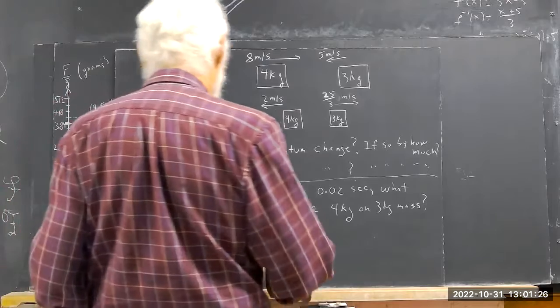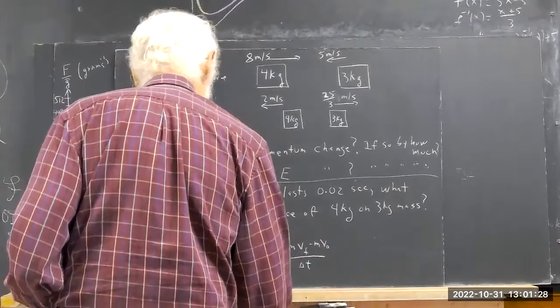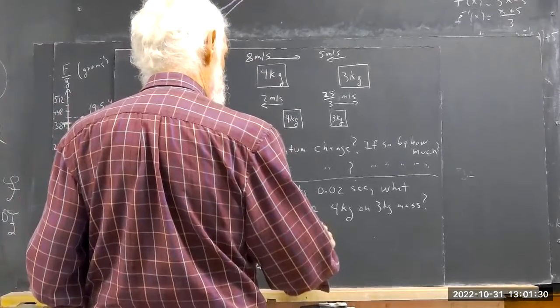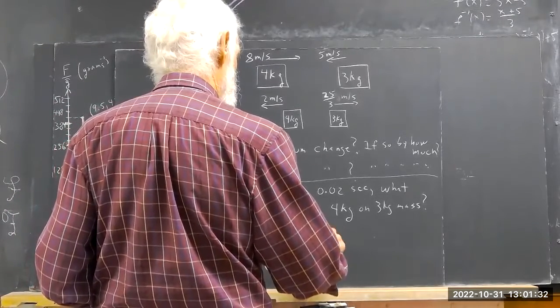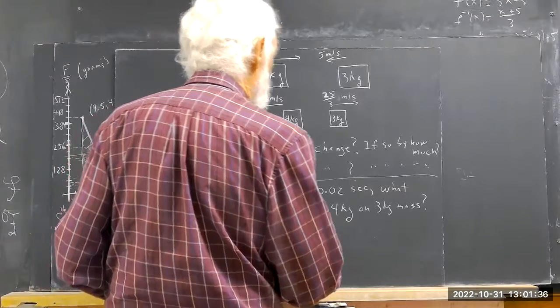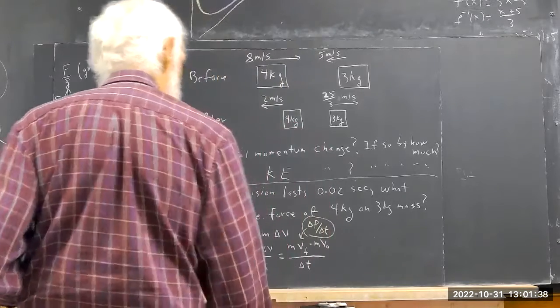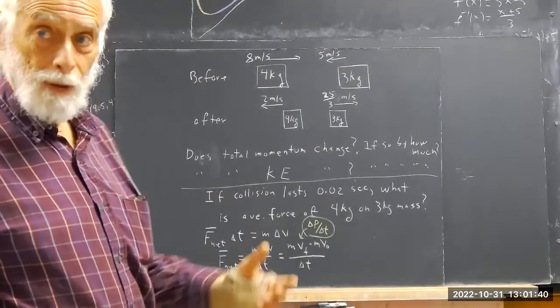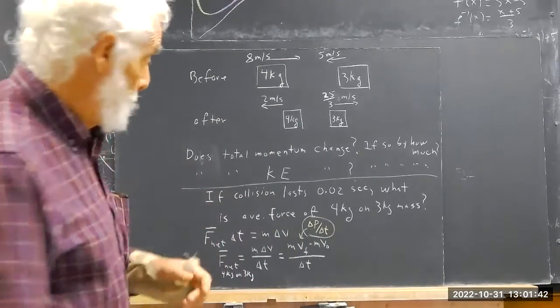Okay, so let's write that. Just a little note, this is delta P of the 3 kilogram mass. We're not going to write too many subscripts, and we want to understand that.